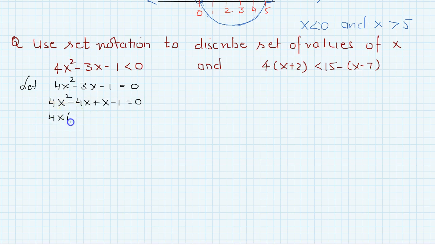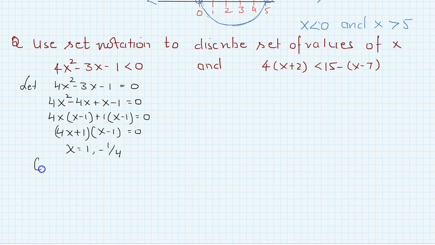We take 4x common, x minus 1, plus 1 common, x minus 1 is equal to 0. x minus 1 is common, so the remaining is 4x plus 1 and x minus 1 is equal to 0. So x will be 1 and minus 1 over 4. So our critical points are minus 1 over 4 and 1.